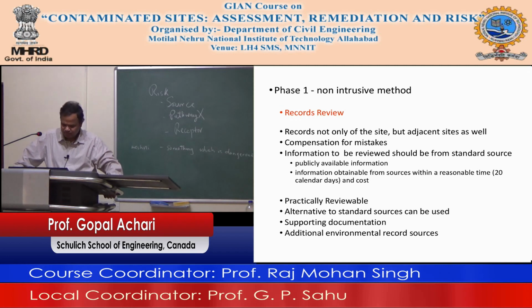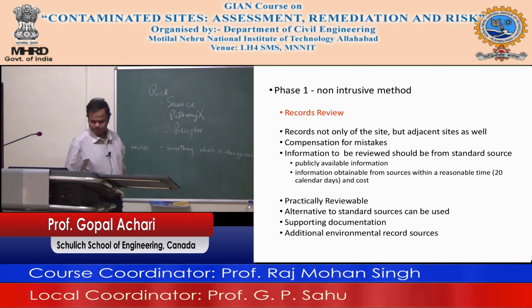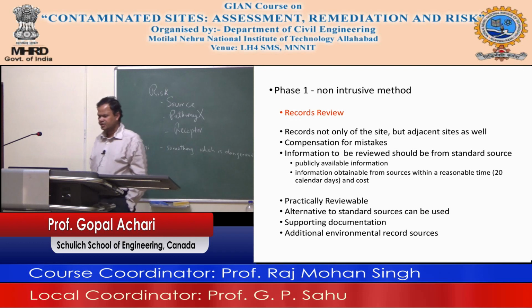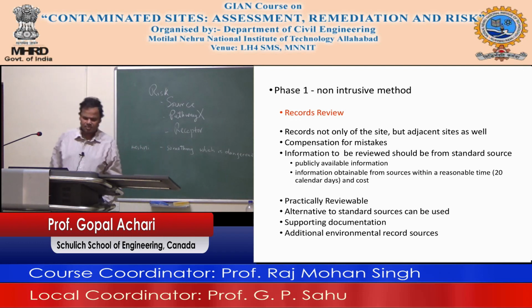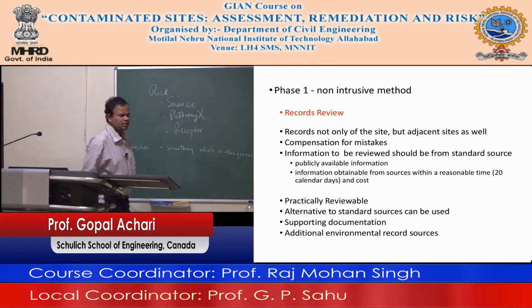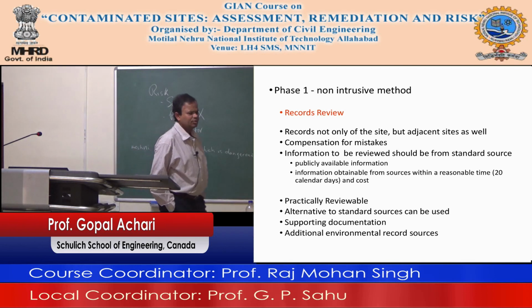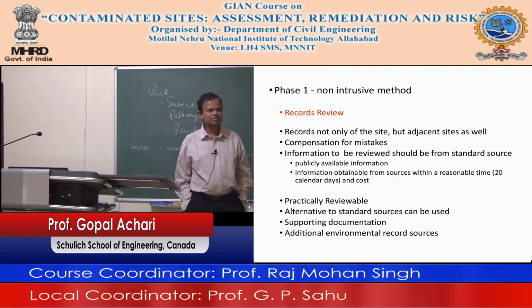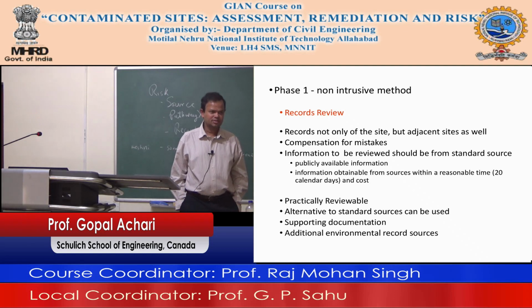If there are gaps in information, the environmental professional should make an attempt to compensate for mistakes and deficiencies. So here is what you will do. You will look at the records not only of the site but adjacent sites, nearby sites. You're going back in time, 30, 40, 50 years, right?